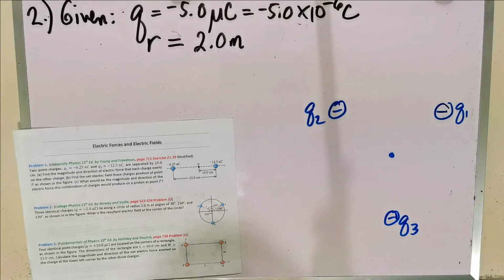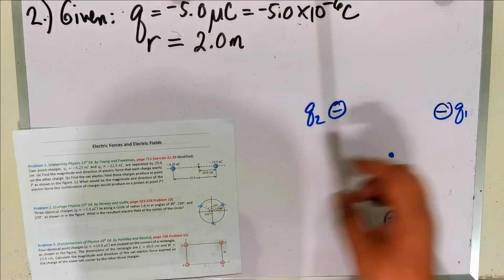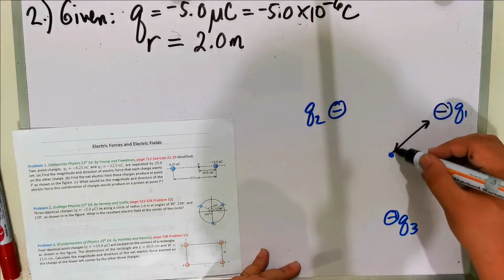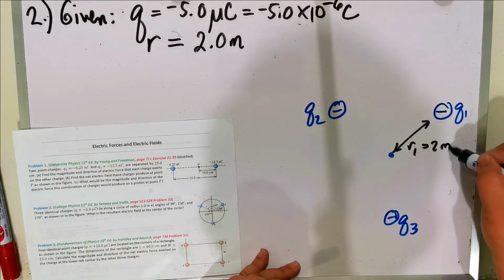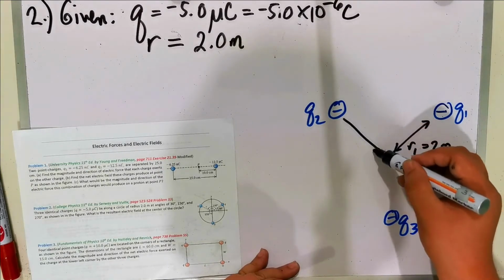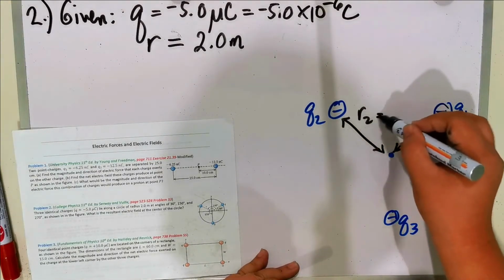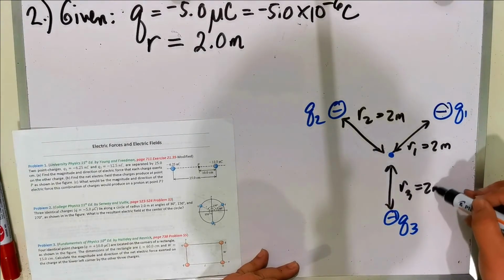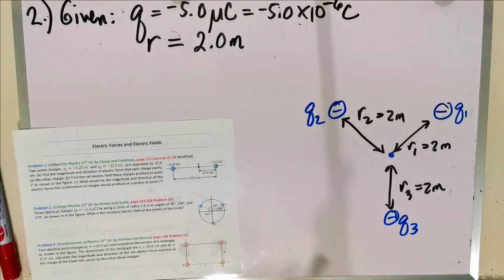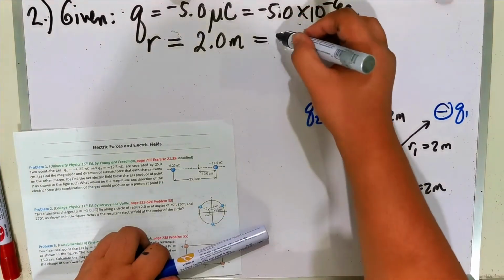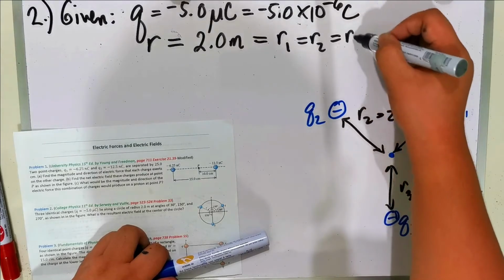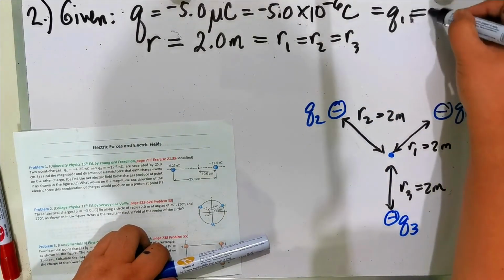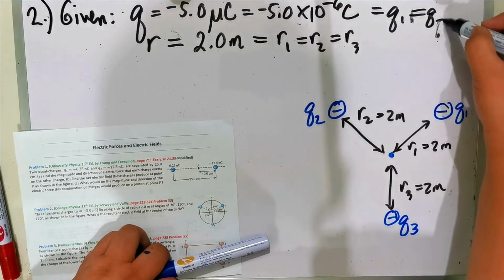Q1 is at a distance R1 equal to 2 meters, R2 is also 2 meters, and R3 is also 2 meters. So they are all the same. So we can write them as R1, R2, and R3, with Q1, Q2, and Q3.